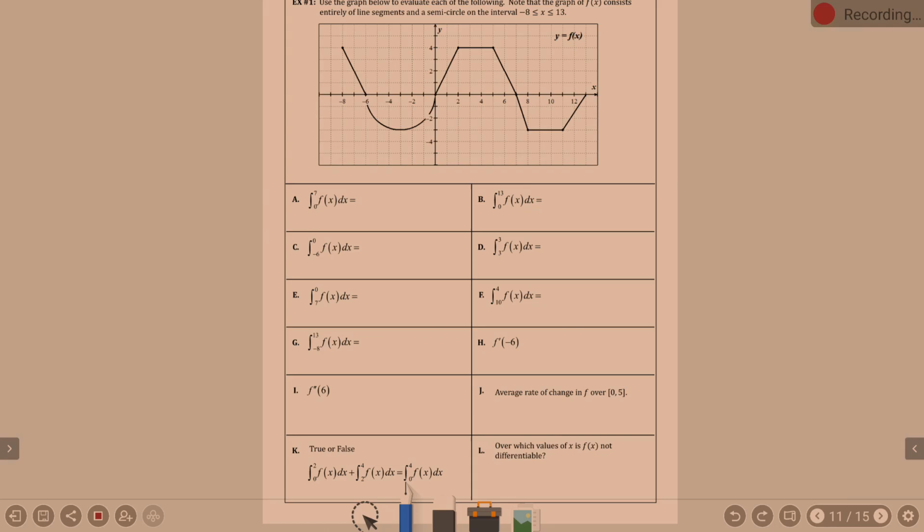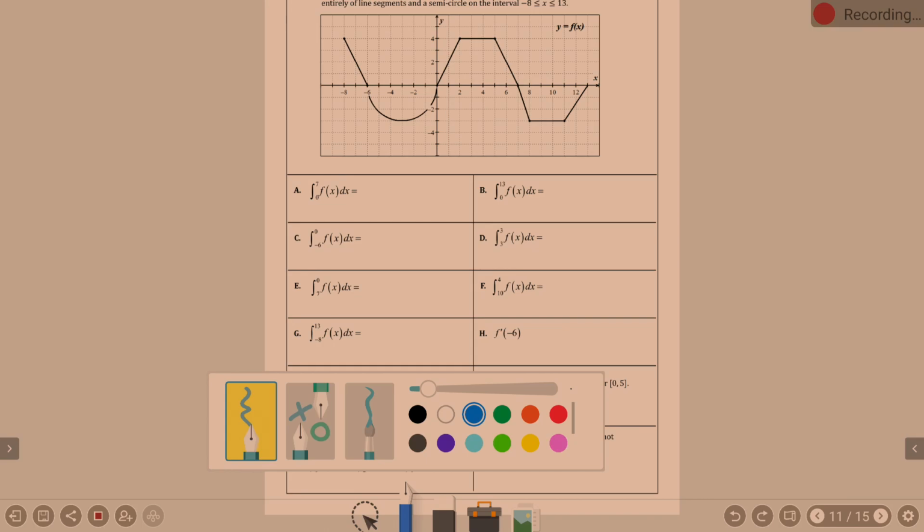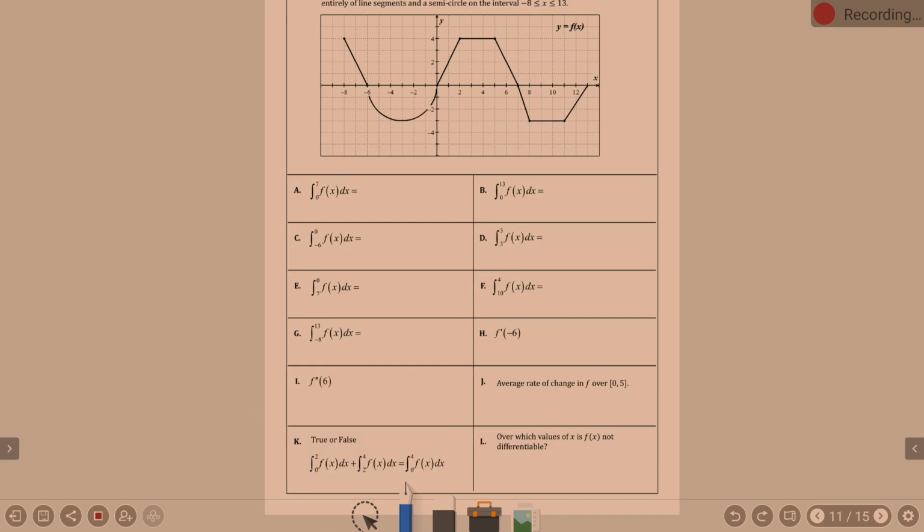So the integral from 0 to 7 of f of x with respect to x. What do you think? What are we doing? Area of a trapezoid? Yes? Because we're going from 0 to 7, so it's area of a trapezoid.